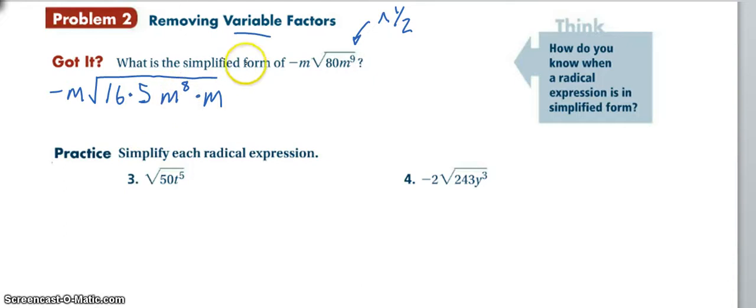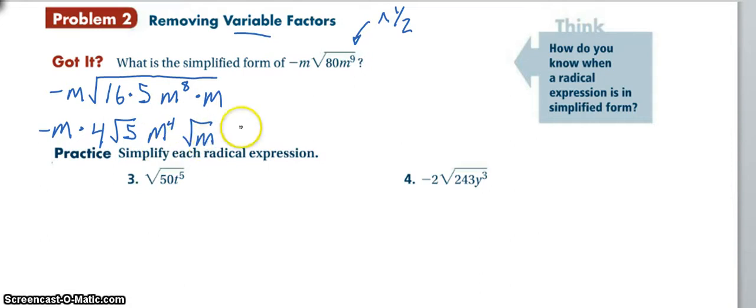So now we can apply this half power and rewrite everything. This becomes negative m times the radical of 16, which is 4. My 5 is a non-perfect square, so it stays under the radical. M to the 8th, to the 1/2 power, is m to the 4th. And then the other m stays under the radical.